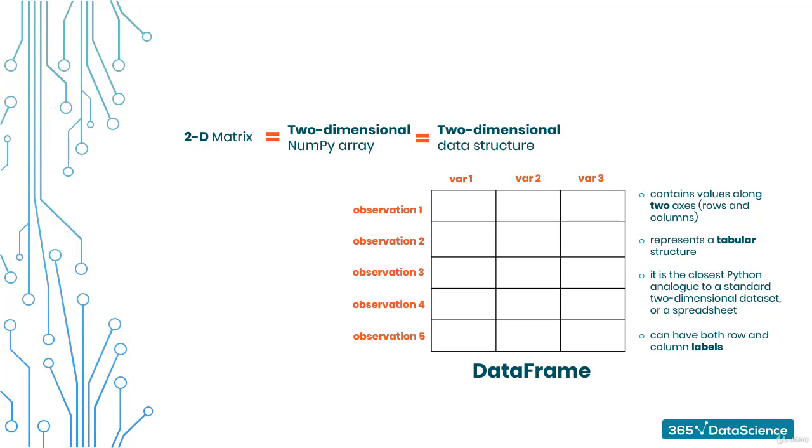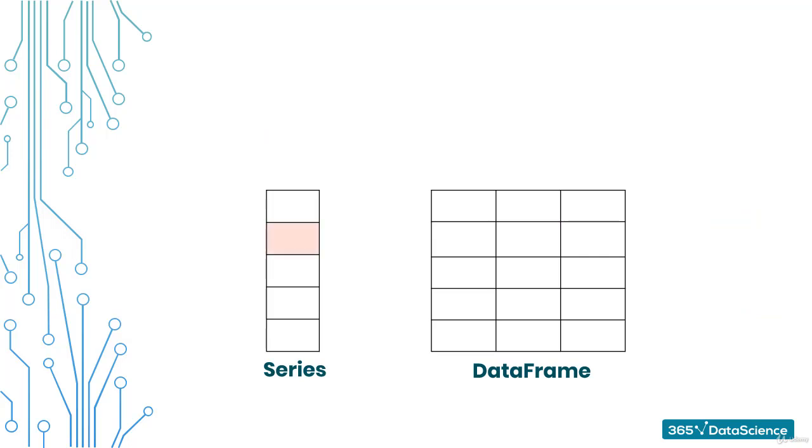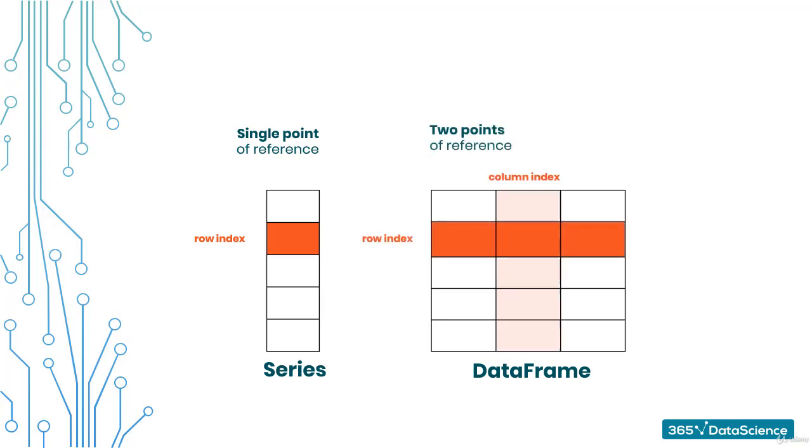Thus, you will be able to obtain information contained in a single data point by referring to the relevant observation of a certain variable. In technical comparison, you can use the row index of a series as a single point of reference to obtain a certain data value. While working with the data frame, though, we need to use 2 points of reference, the row index and the column index.